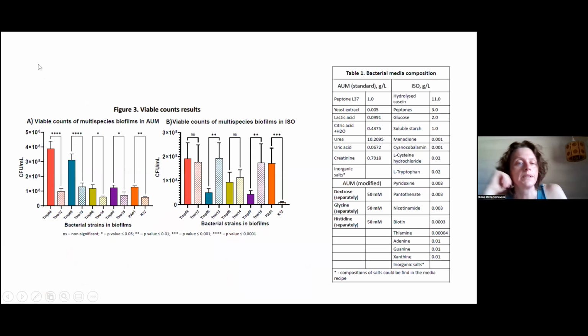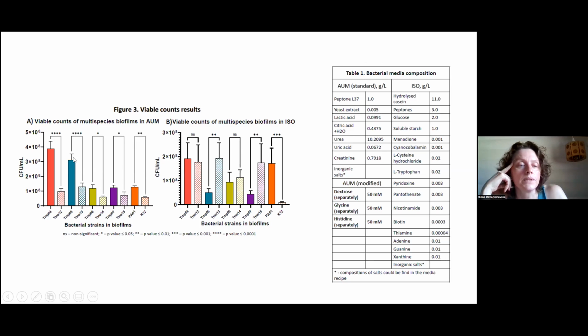So Dmitry Sokol, he did these very valuable experiments, viable counts, on these UTI plates, as I showed. And here, 1, 2, 3, 4 clinical pairs of E. coli and Pseudomonas were used.